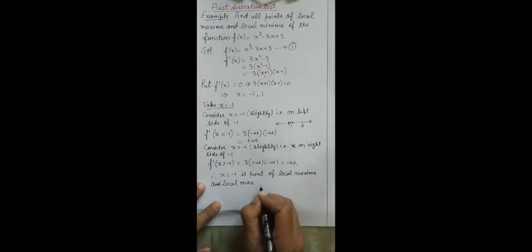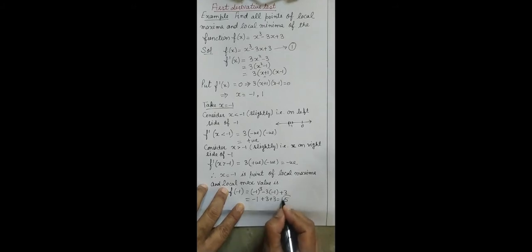And the local maximum value is f(−1), which I will put in equation number 1. So I will get (−1)³ − 3(−1) + 3, which gives me −1 + 3 + 3, which is equal to 5. So this is the maximum value of the given function.